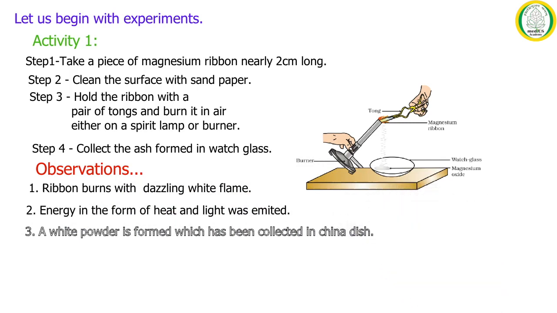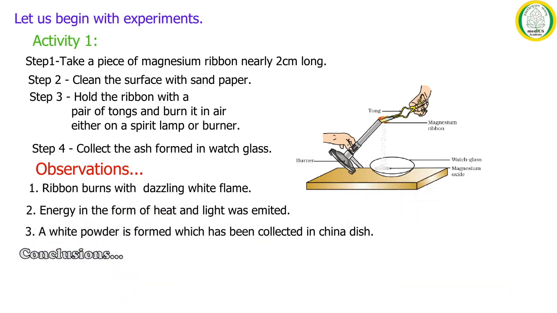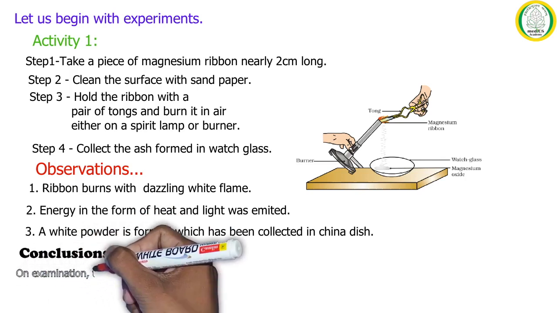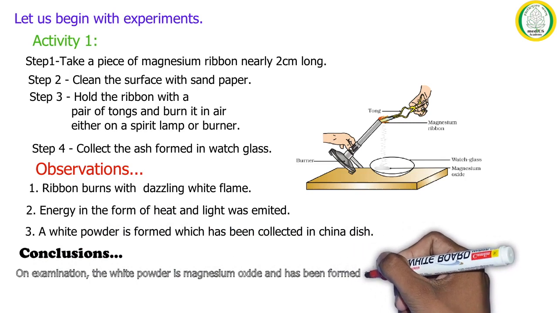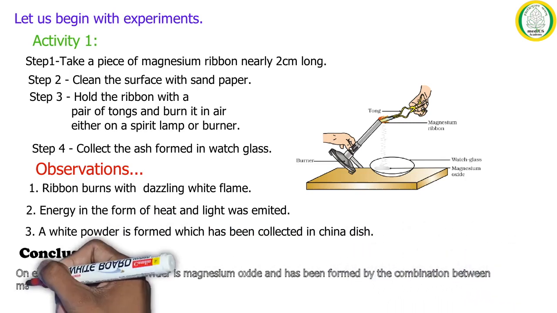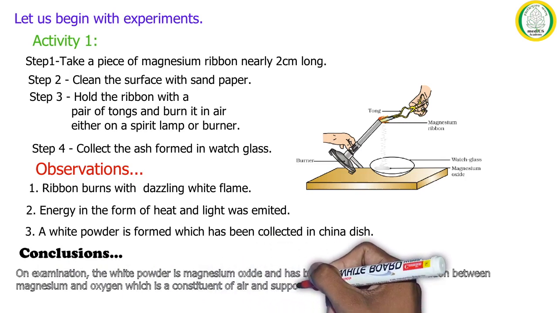So what are the conclusions? On examination, the white powder is magnesium oxide and has been formed by the combination of magnesium and oxygen, which is a constituent of air and supports combustion.